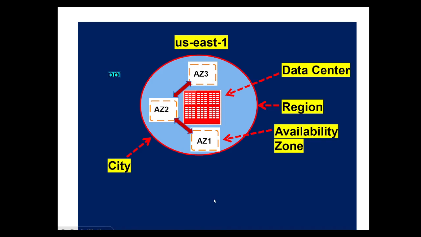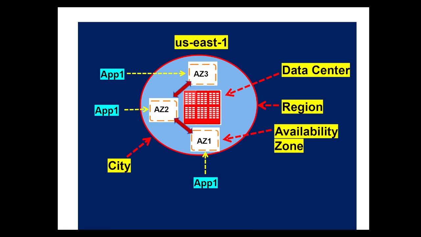Next, we deploy copies of our application, for example EC2 instances and containers, in at least two availability zones. Next, the AWS service Elastic Load Balancer will distribute traffic across these availability zones automatically. Now the question comes to our mind, why do we need to distribute copies of our application in multiple availability zones?